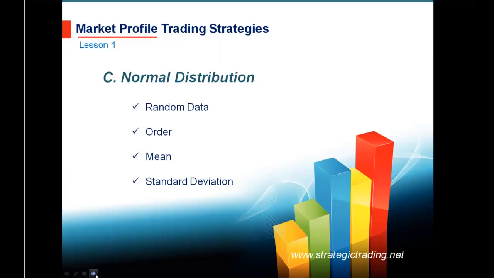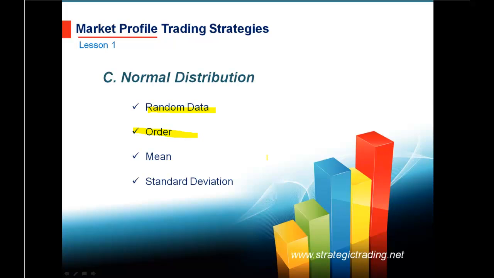First of all, a normal distribution is a process of looking at data, a population of data that seems random. But the idea is, instead of having just random data, we now want to analyze and make sense of this data. We want to create order. This is a very important and fundamental concept behind the market profile.